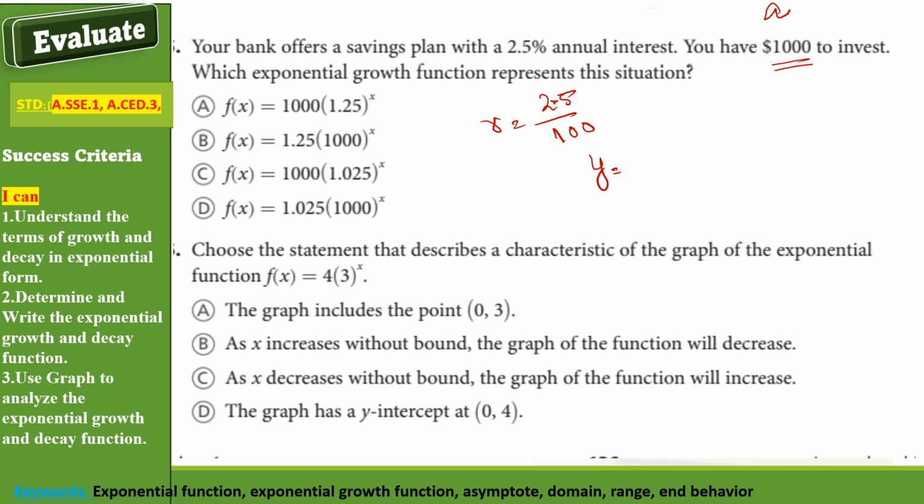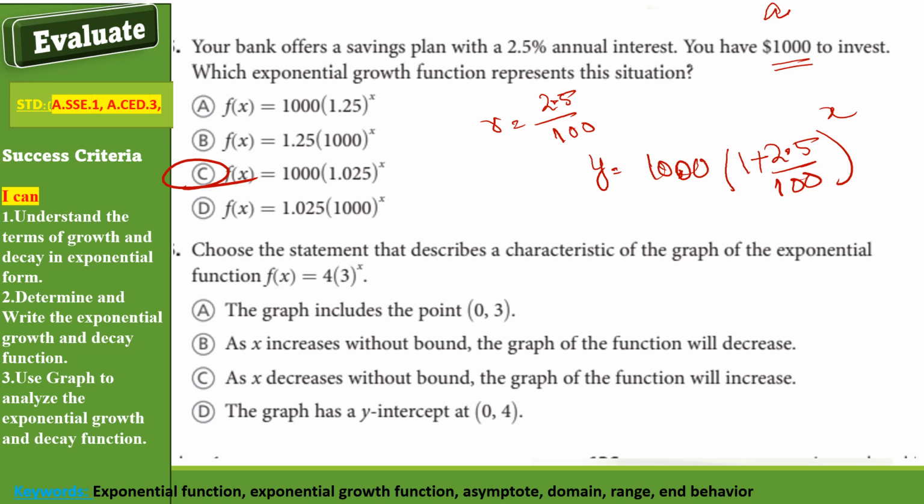So y equals a, which is 1,000, times 1 plus 2.5 over 100, whole to the power of x. Remember, if you write this 1 plus 2.5 divided by 100 in the calculator, you will get 1.025. So 1.025 to the power of x is over here.